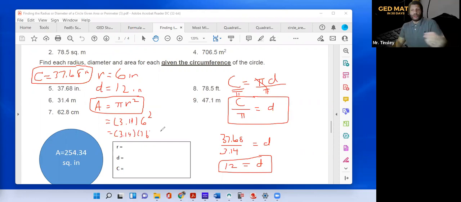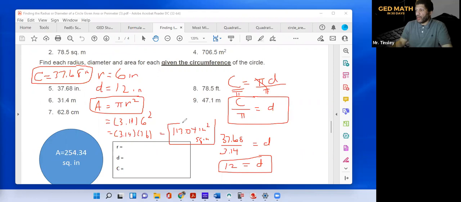Now, this is how you would do this by hand. But again, we can use the calculator. Let me put the calculator on the screen. Matter of fact, let me take a picture of this first. And then we'll say equals 113.04 inches squared, or square inches. So that would be our answer. That would be our area.